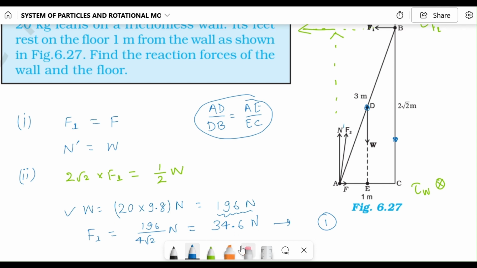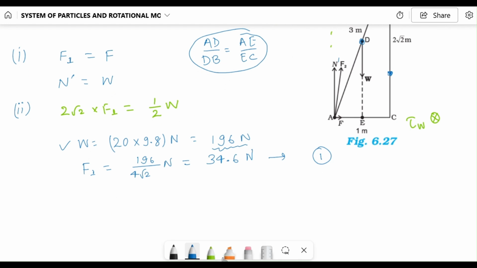So let me make it a little bit clear. Okay, so we can write F2 from this. F2 will be under root N prime square plus F square plus 2 N prime F times cos theta. Theta is 90 degrees. That's why I am not writing this term, because cos 90 will be 0. So no need to write these terms further.